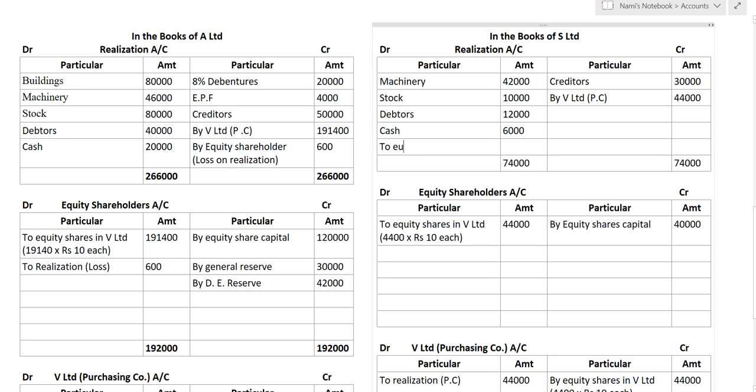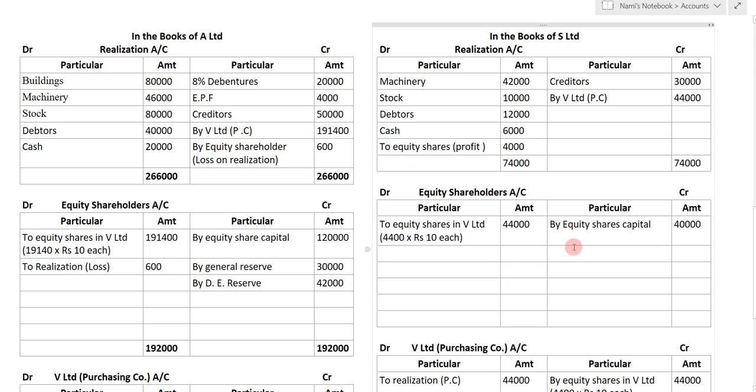The loss is to be transferred to the debit side of the equity shareholders, and the profit we have to transfer to the credit side. So to equity shareholders, that is profit on realization. Okay, profit on realization, profit is 4,000.